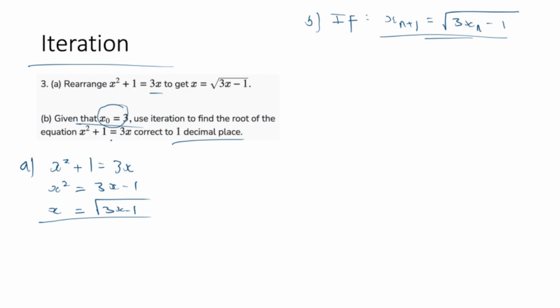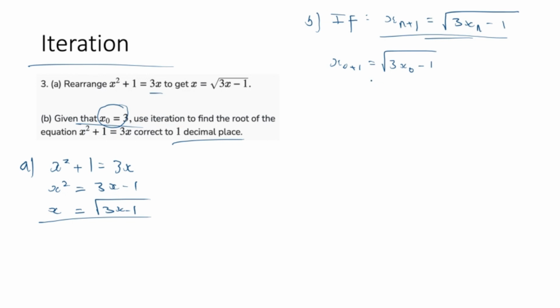You're given here that x0 is equal to 3, so we're going to start off with that. So x1, we're substituting the n values with 0. So x1 equals the square root of 3x0 minus 1. All the n's are substituted with 0.